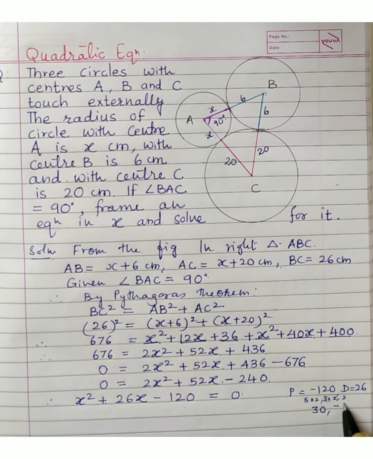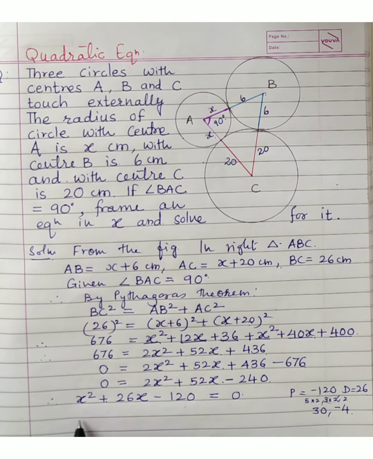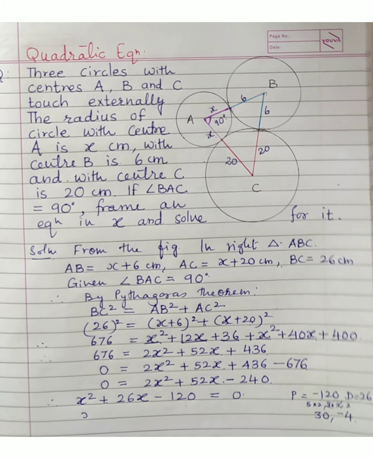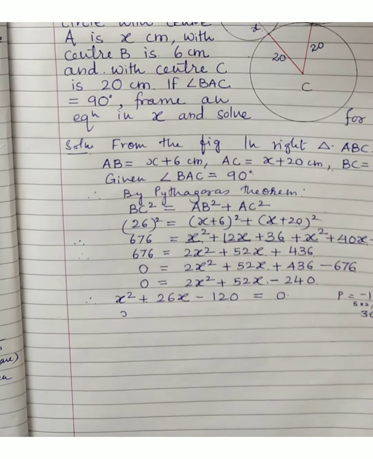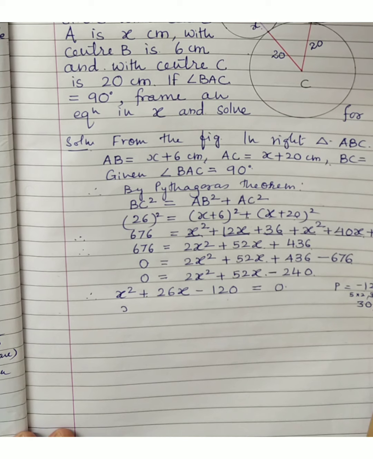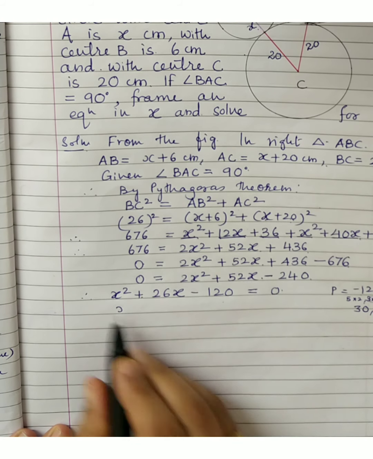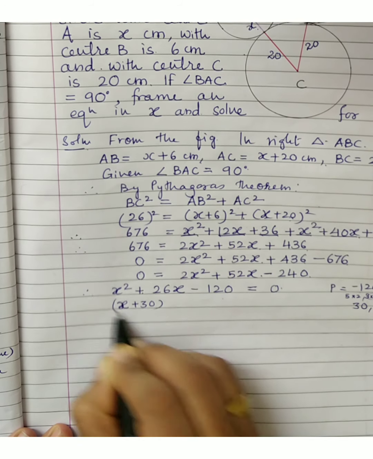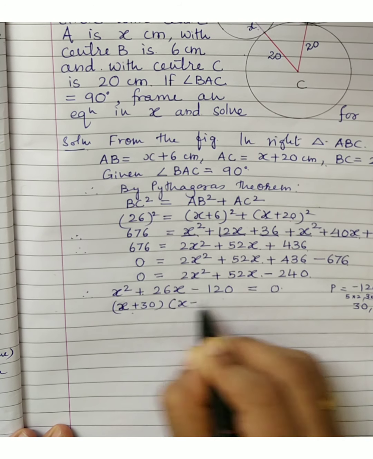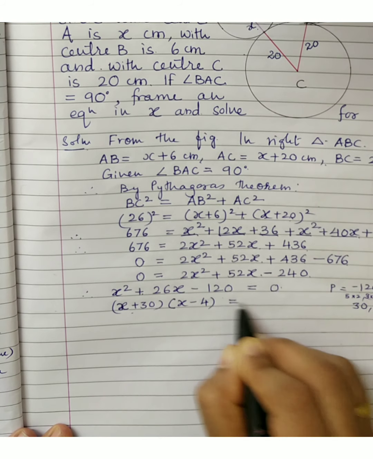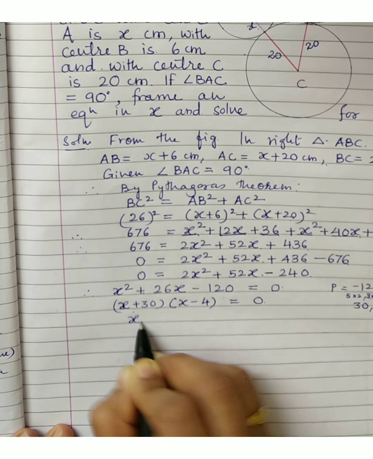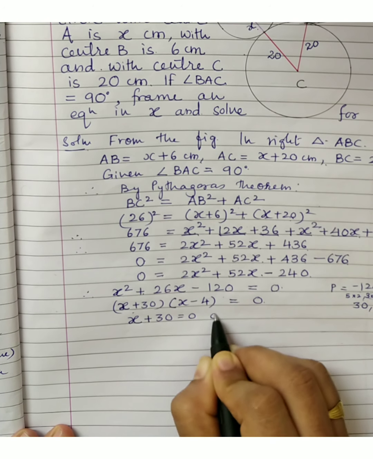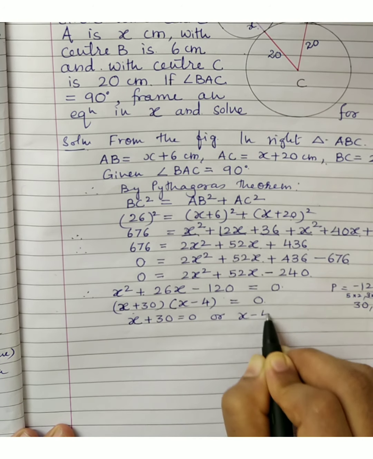Plus 30 and minus 4. Can I factorize it directly? The answer is yes. One second. Yes, so you get it here: x plus 30 into x minus 4 is equal to 0. This gives you x plus 30 is 0 or x minus 4 is 0.